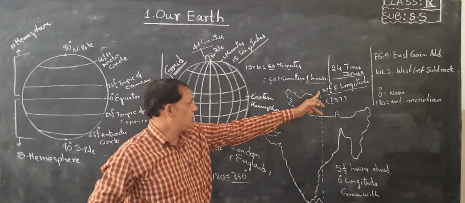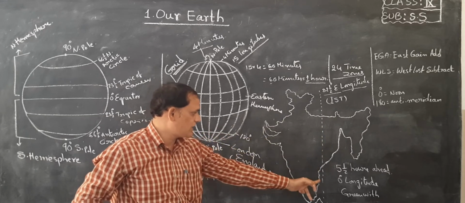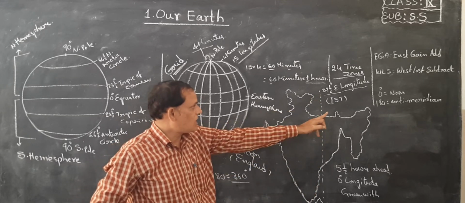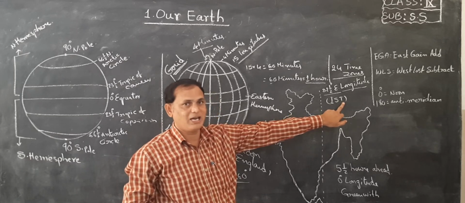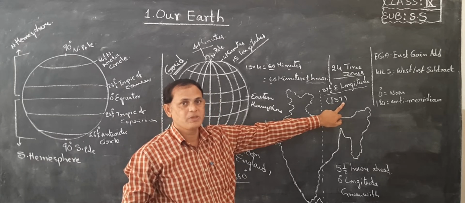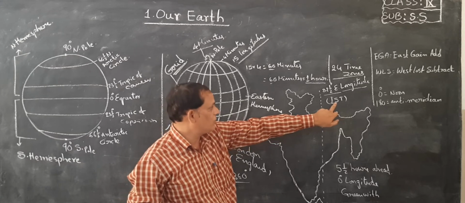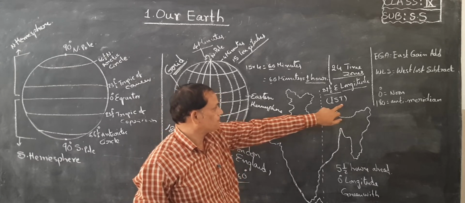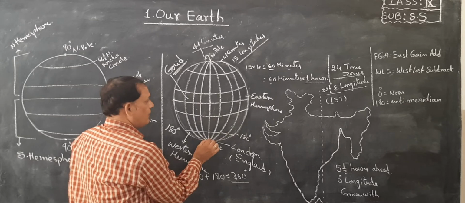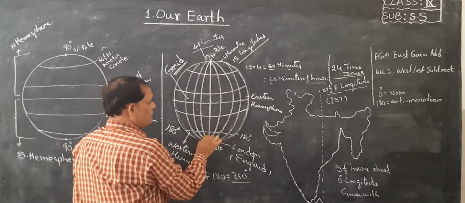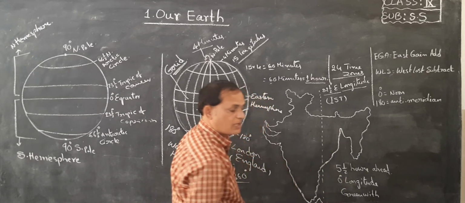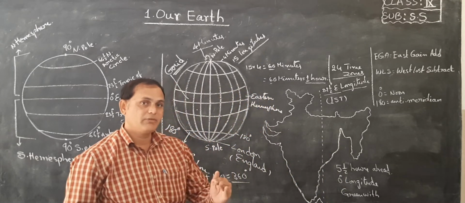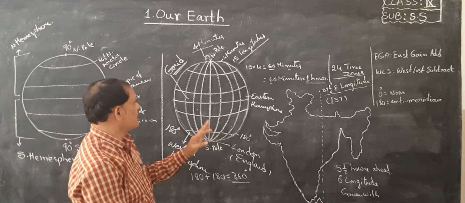It is called Indian Standard Meridian Time, IST. So the time difference from Greenwich 0 degree longitude to India IST is 5.5 hours, children. 5.5 hours ahead.